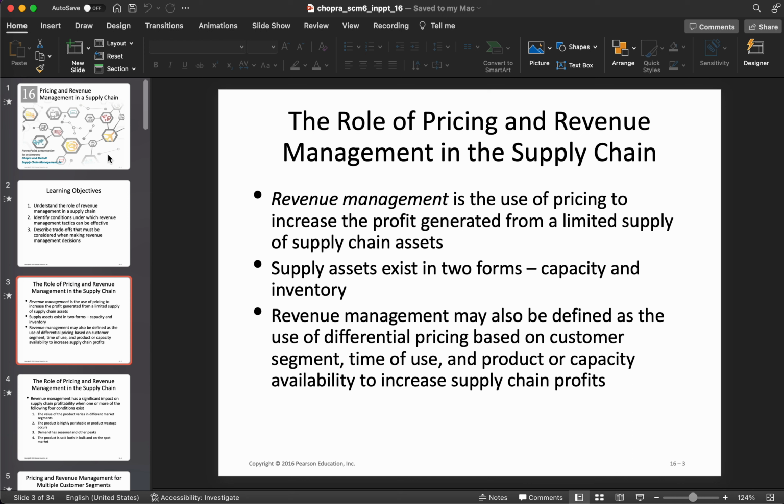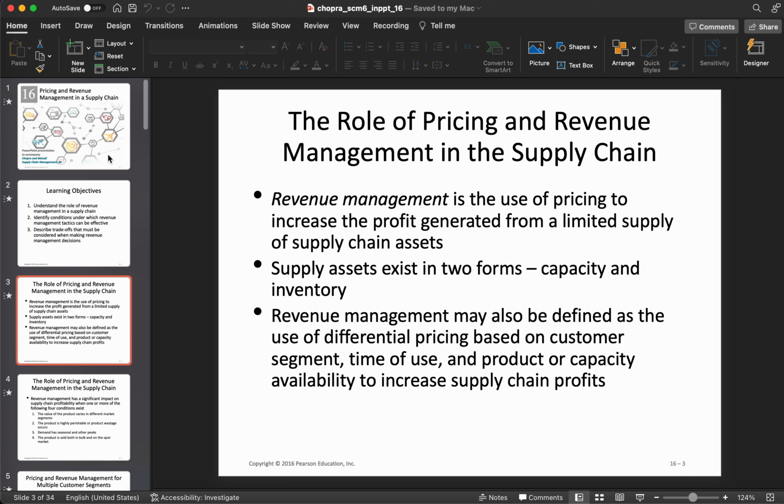Right? And this is something that we see very often. Uber is the best example of this. When demand is higher, you get surge pricing. The whole business model of Uber is based off of revenue management, right? So that's the idea behind using pricing as a lever and using revenue management in supply chain.